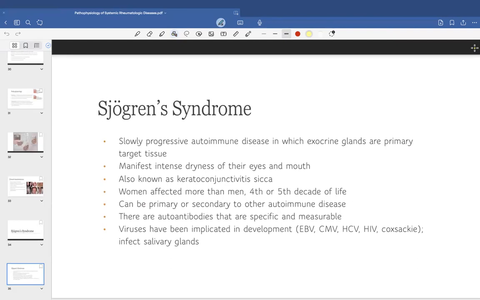They can't salivate, and it affects their ability to swallow. With the dry eyes, because of lack of moisture production, which every time you blink you're lubricating your eyes, they dry out, they burn, and then they get blurry.